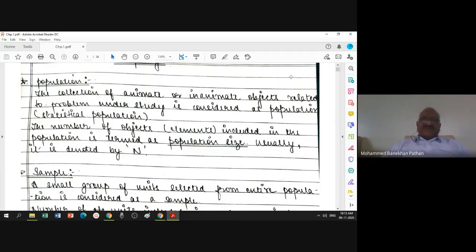Whereas statistics, if you want to define statistics from your first year knowledge, I will not say it is a collection of data, or the arrangement of data in table form and so on.